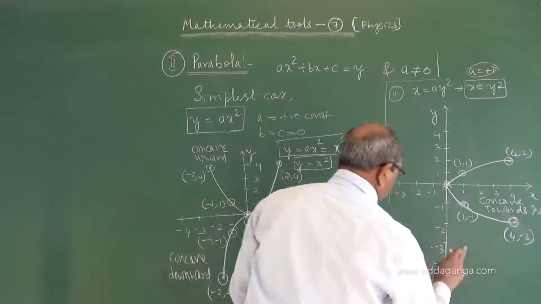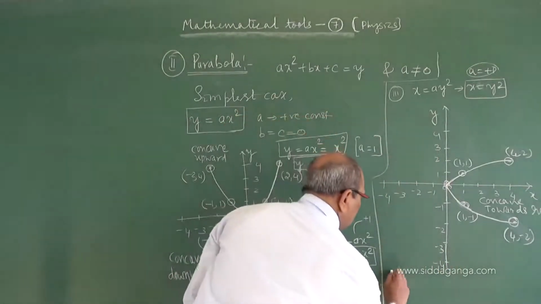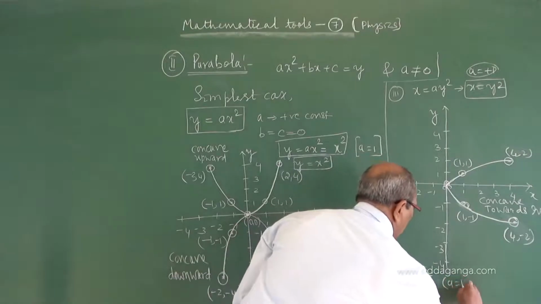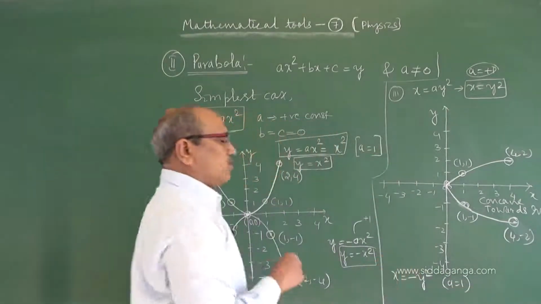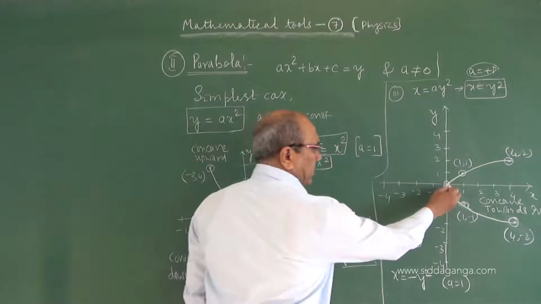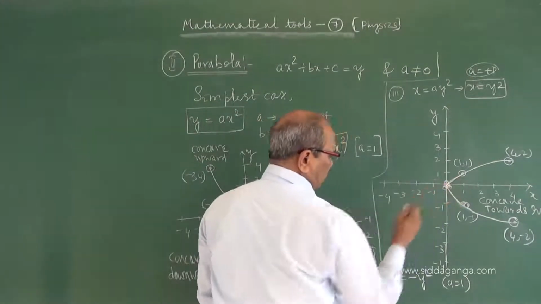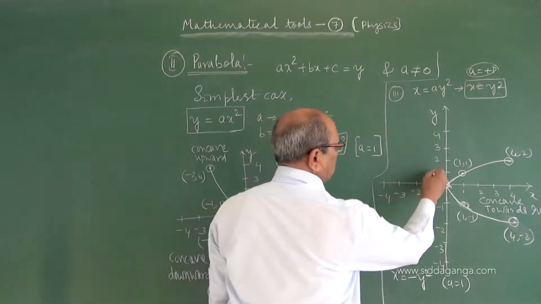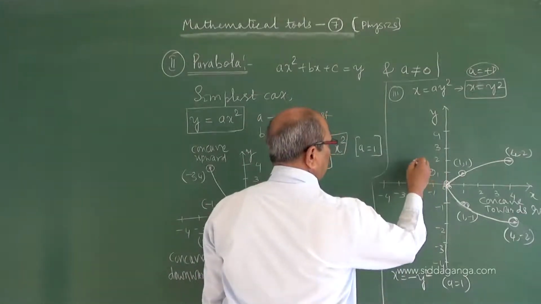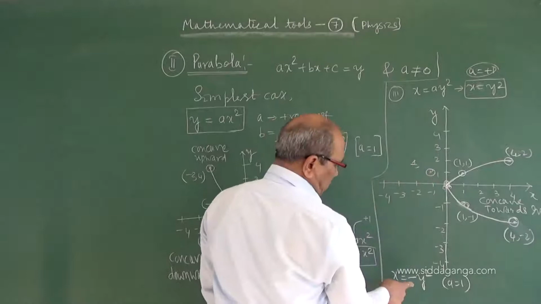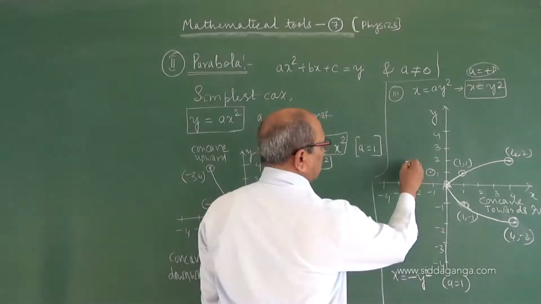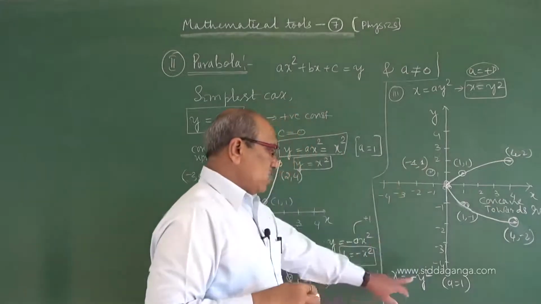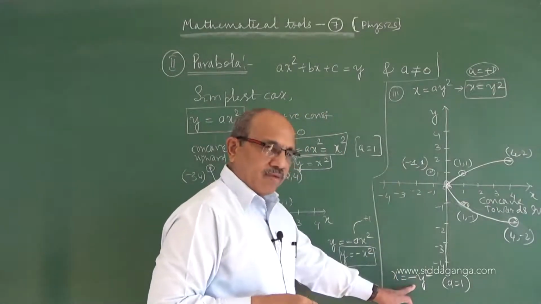Similarly, if I take x equal to minus y squared, taking a equal to 1, but minus y squared. Again x is 0, y is 0. If y is 1, x is minus 1. I take y as plus 1, but x is coming as minus 1.